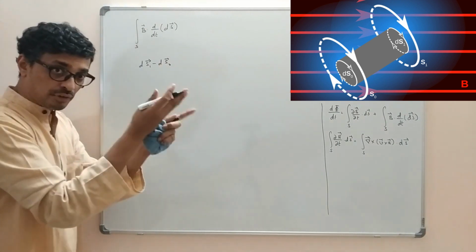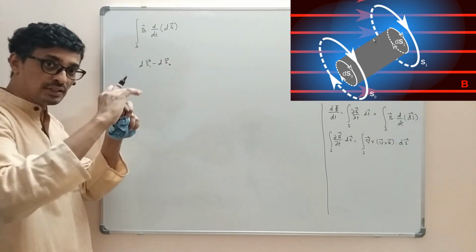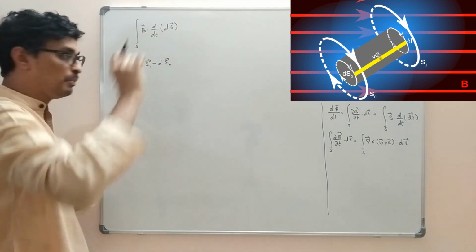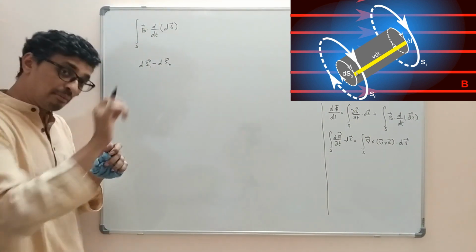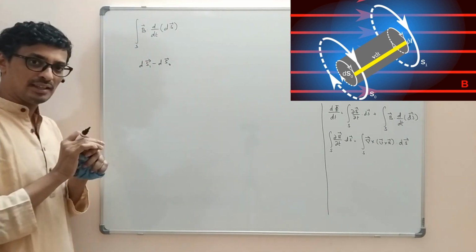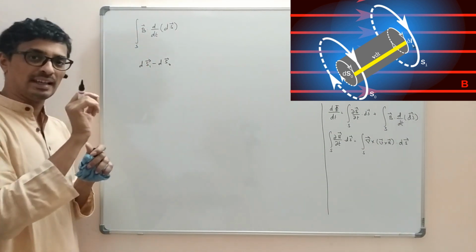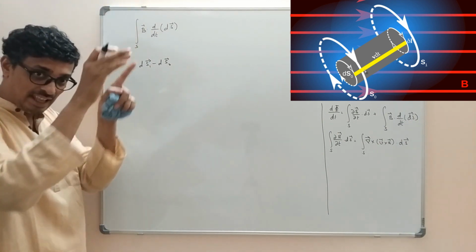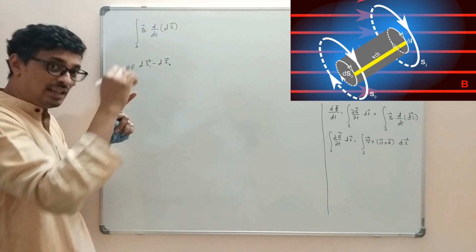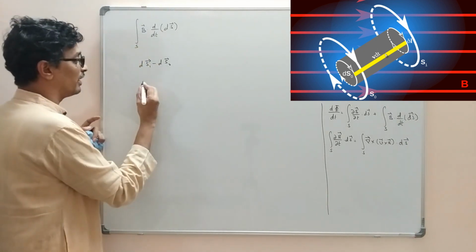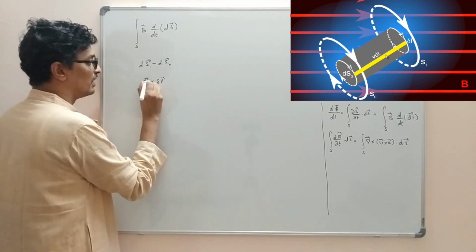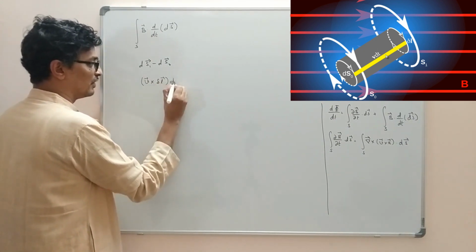And now we have to go for the curved surface. The length of the curved surface will be v dt. Let me consider a small element on the side of this curved surface, and denote the length by delta L. Then the area of this element will be v dt cross delta L, or I can write it as v cross delta L into dt.